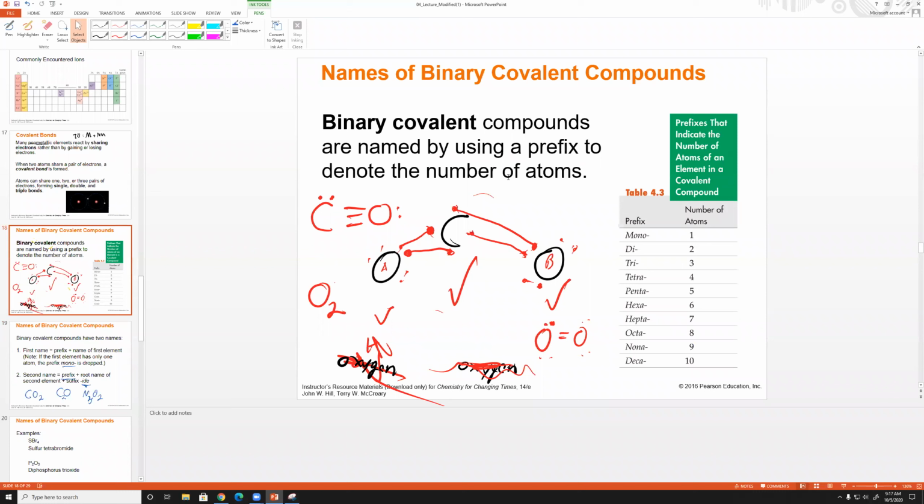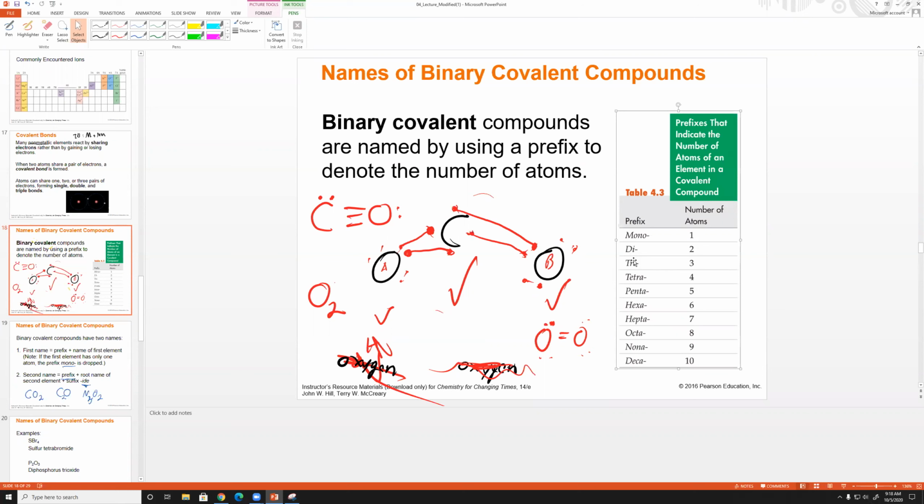And now let's look at prefixes. The prefixes 1 through 4 are the only ones that might be new to you. They make sense, but they're kind of new. So mono means 1, like mano a mano, one-on-one. Di means 2, like dihedral angle, I guess. I'm about to say dicycle, but that's bicycle. It's not bi, it's di.